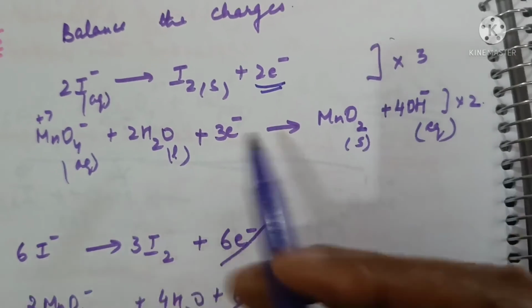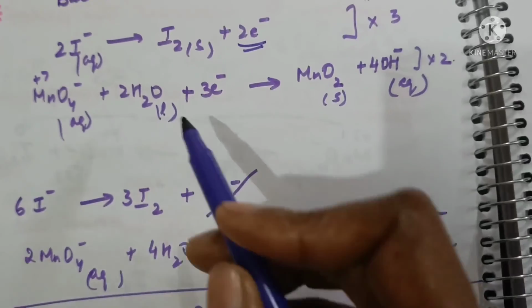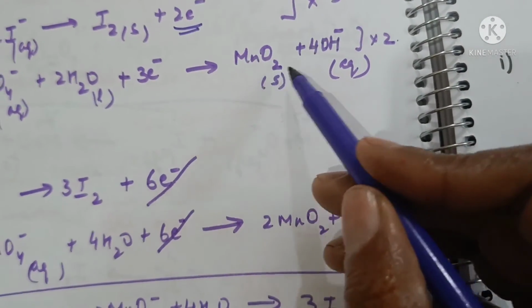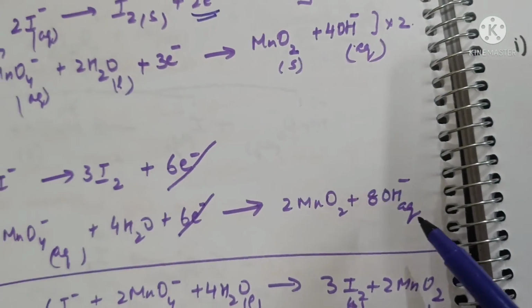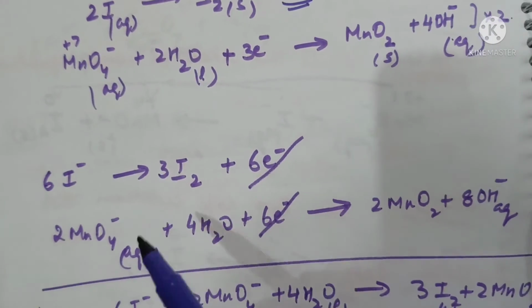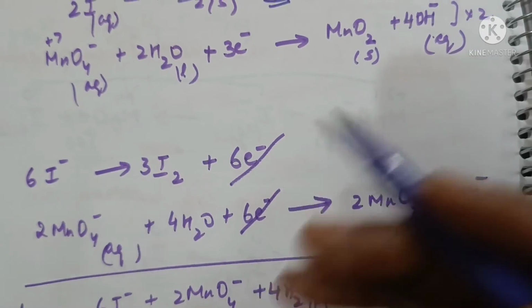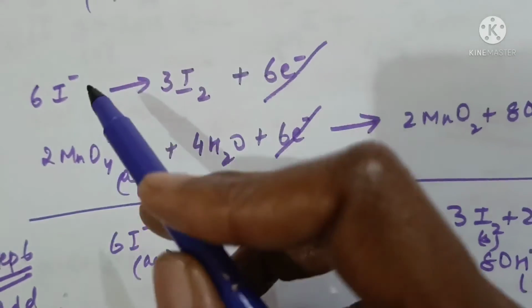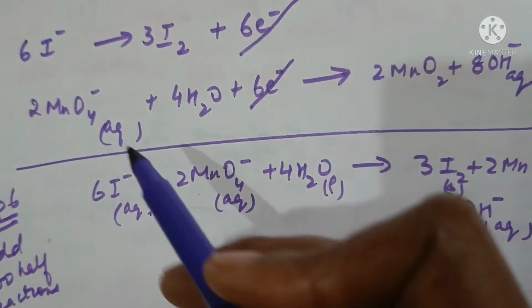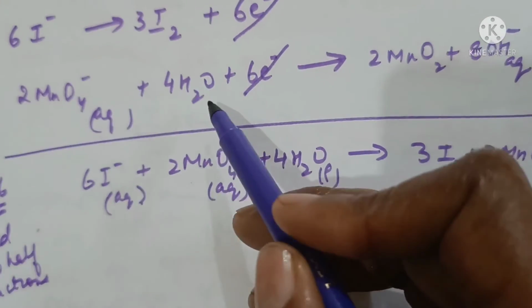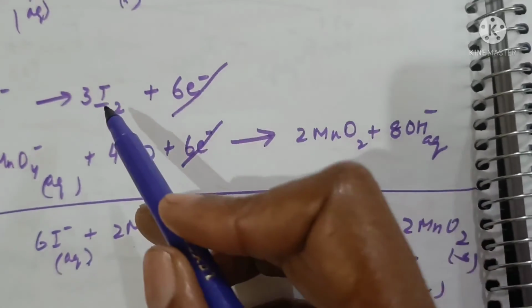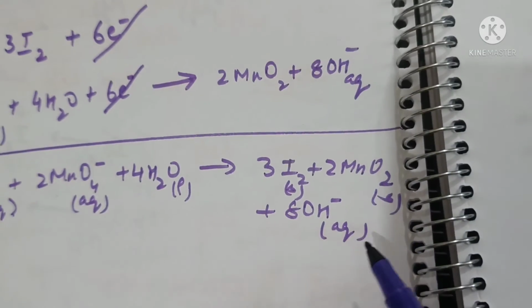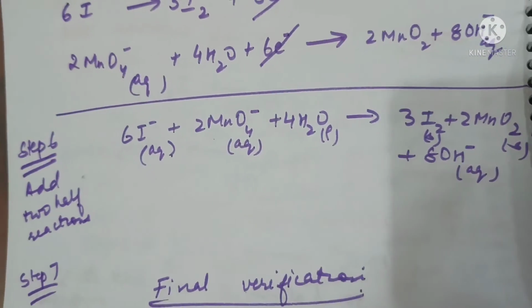And this equation becomes 2 permanganate ions plus 4 water plus 6 electrons gives 2 MnO2 plus 8 hydroxide ions. When we add, because electrons are on the right hand side here and on the left hand side there, they cancel out. And on adding this, we get 6 iodide ions plus 2 permanganate ions plus 4 water will form 3 iodine plus 2 MnO2 plus 8 hydroxide ions. So this is our equation.